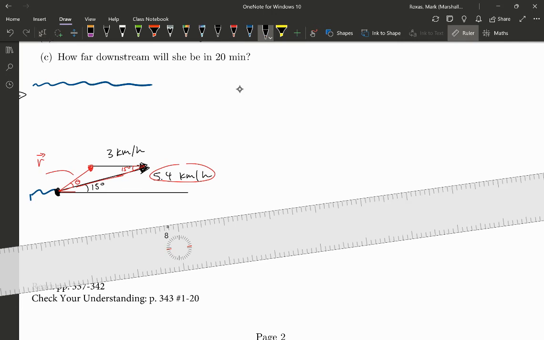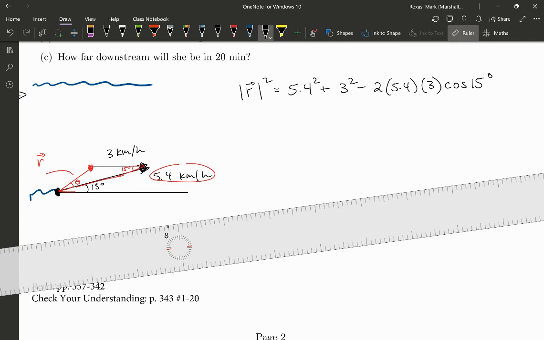So I'm going to say here that the vector I'm looking for, r squared, the magnitude, is equal to 5.4 squared plus 3 squared minus 2 times 5.4 times 3 times the cosine of the angle between them, cosine of 15 degrees.